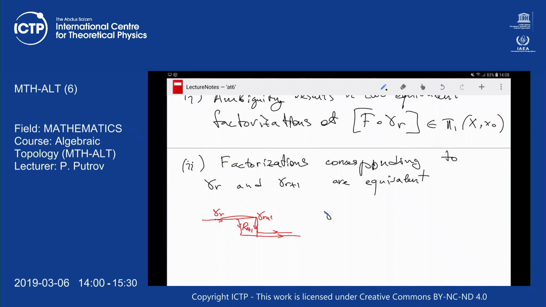We see that gamma r plus 1 and gamma r are related by a homotopy which stays in rectangle r plus 1. So we can deform the paths only by staying, at any homotopy parameter, in this square r plus 1.